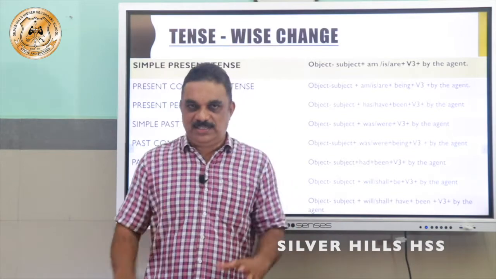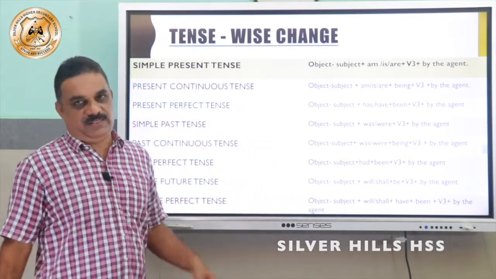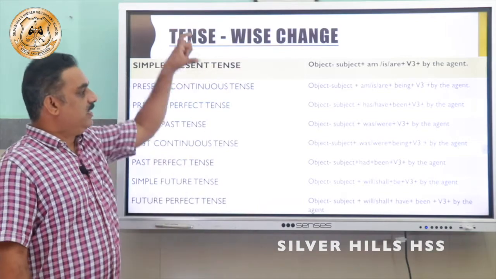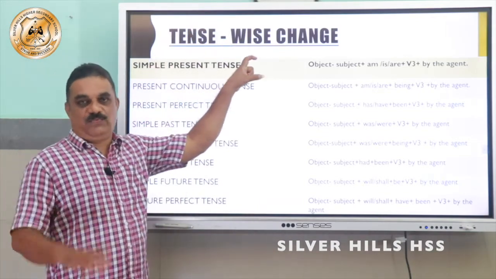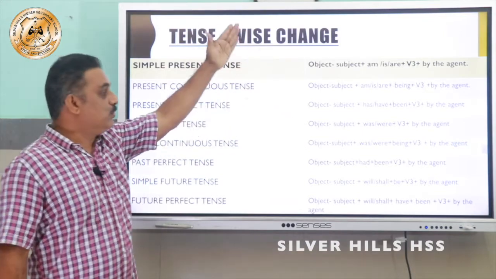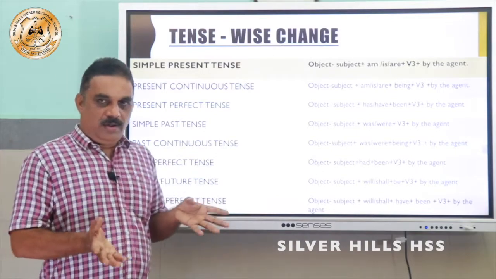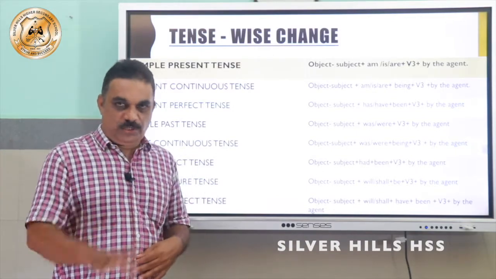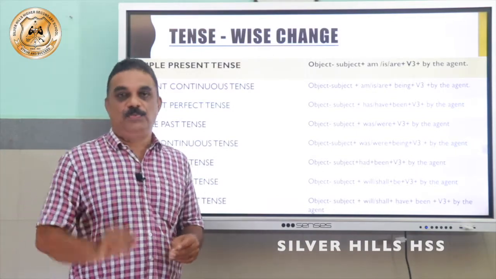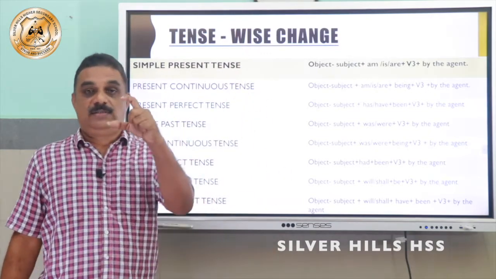And this is applicable in the case of assertive sentence, or what we call active form, and you are converting this into passive form using this formula. So when we are converting a statement in the active form, we have to follow this method considering the tense.